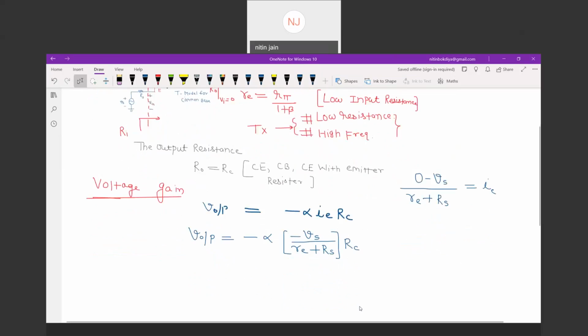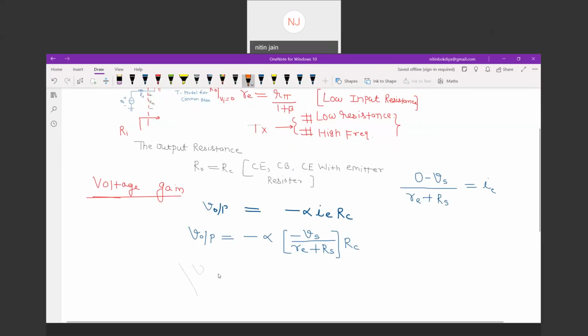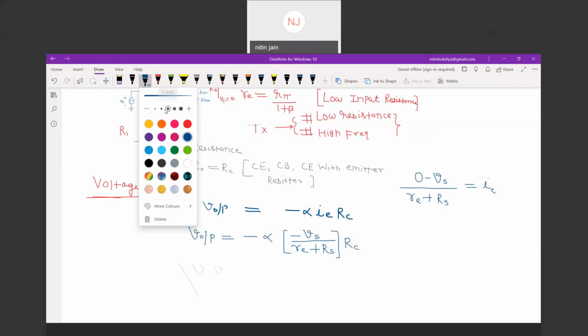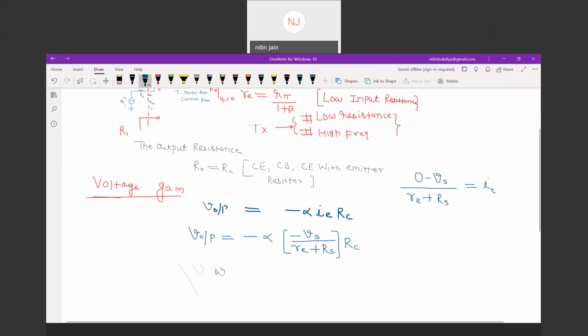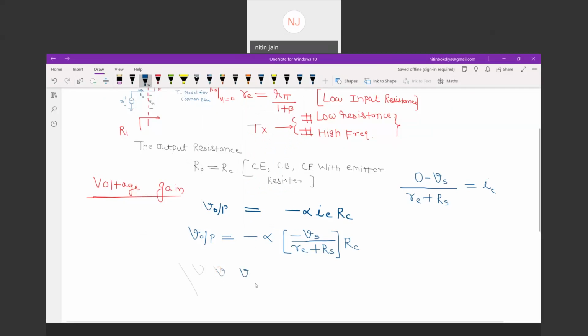So what you can say, V output by V input is equivalent to alpha divided by RE plus RS into RC.